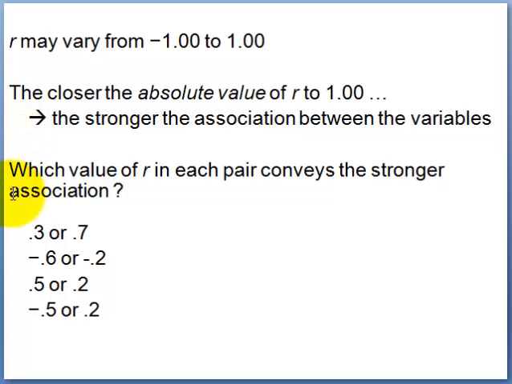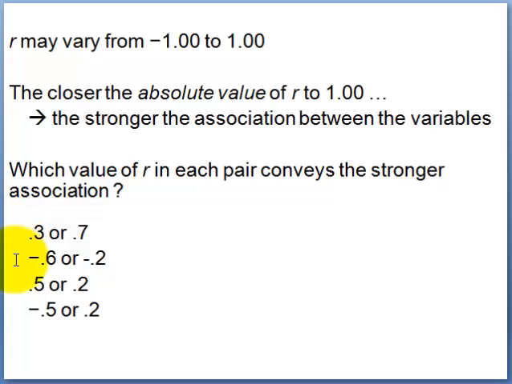So to demonstrate, let's look at each of these pairs of values of R and find the R within each pair that conveys the stronger relationship between two variables. 0.3 versus 0.7. An R of 0.7 conveys stronger association than does an R of 0.3.